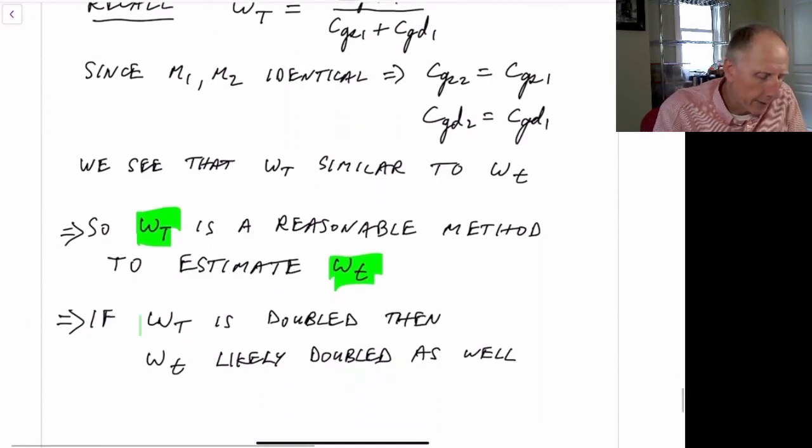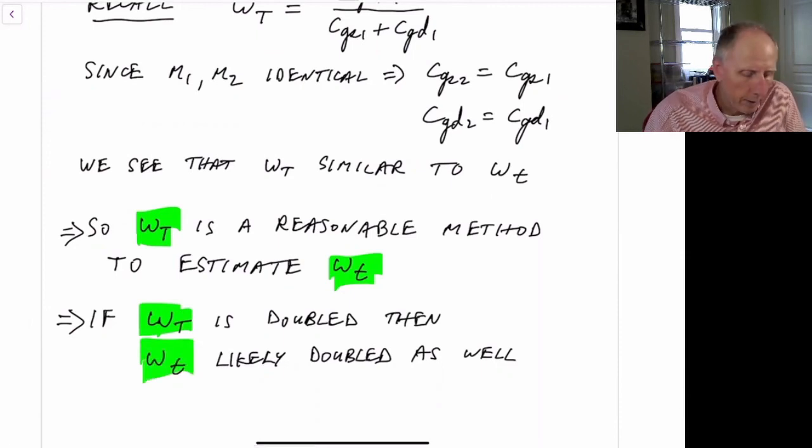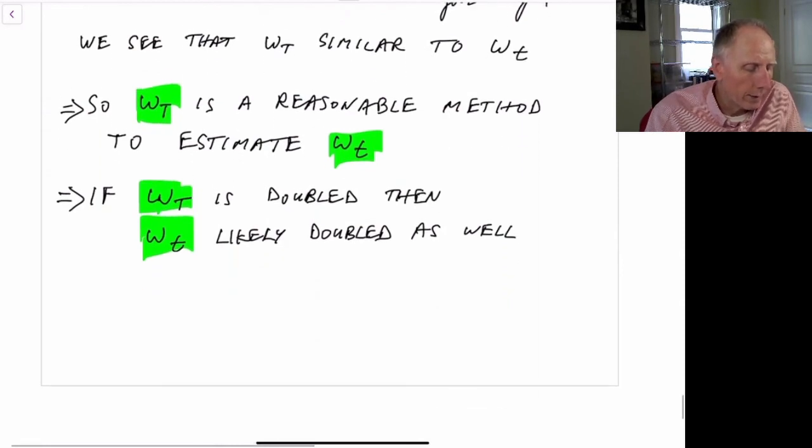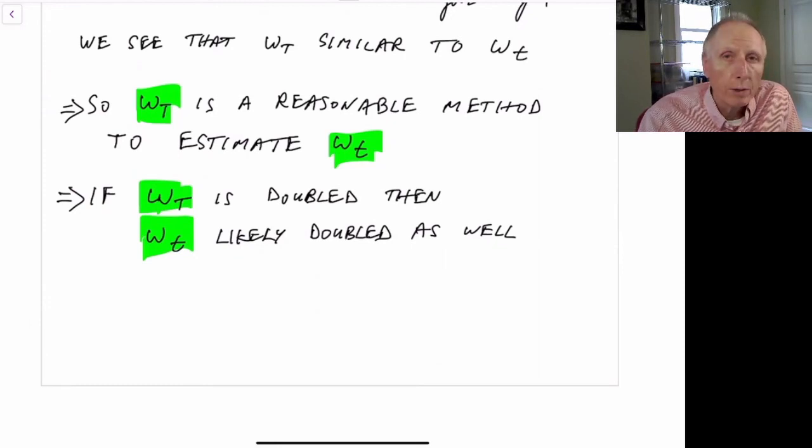In fact, if omega capital T was doubled, roughly omega small t would likely be doubled as well. Remember, we would double it for both transistors since both transistors are identical. So this is the reason that we tend to use the current gain in order to measure the unity gain frequency for a MOSFET transistor, as well as for bipolar transistors. We use current gains as well.